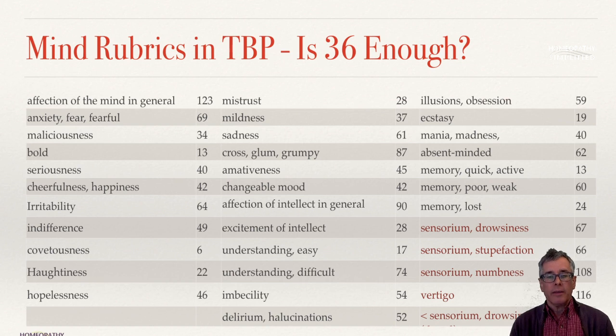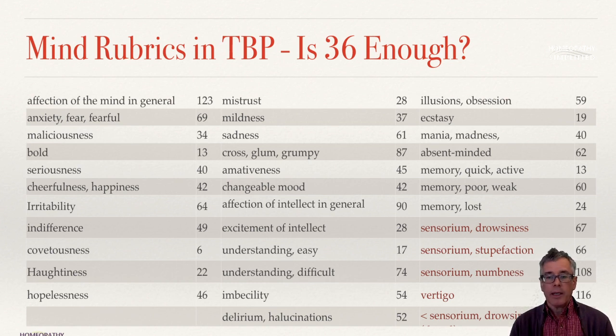Affection of the intellect in general, in other words, your thinking and clarity. Excitement of the intellect. Understanding easy, understanding difficult. Imbecility, delirium and hallucinations, illusions and obsession. Ecstasy, mania and madness.